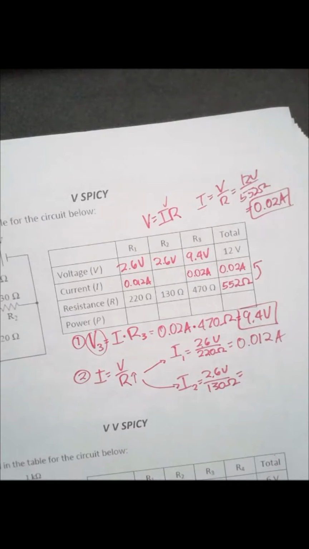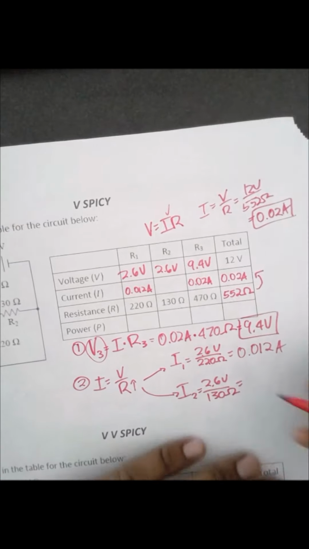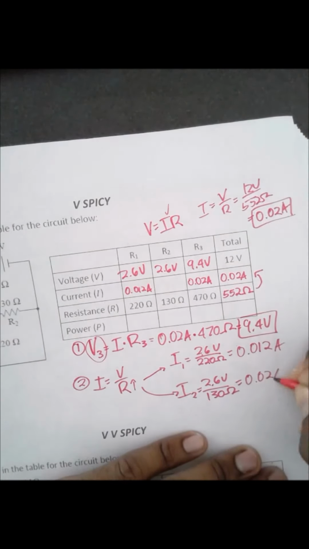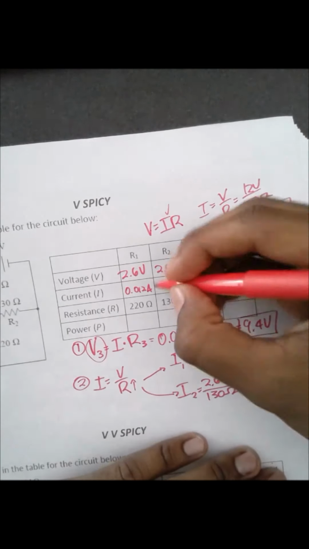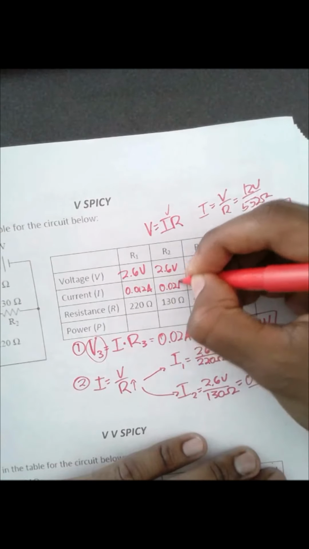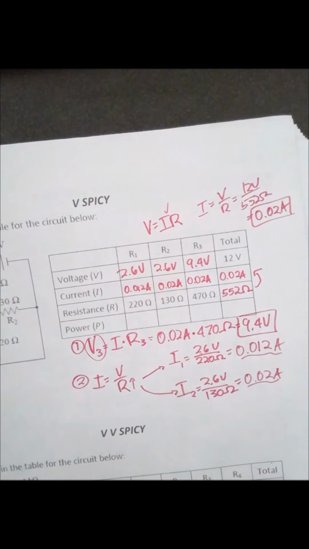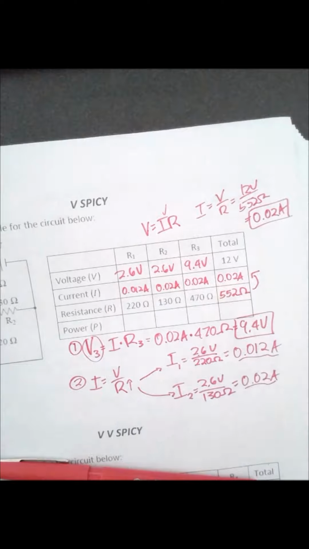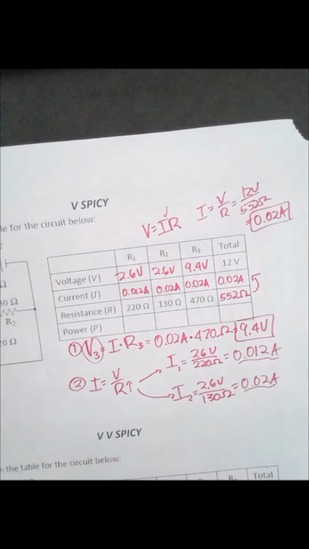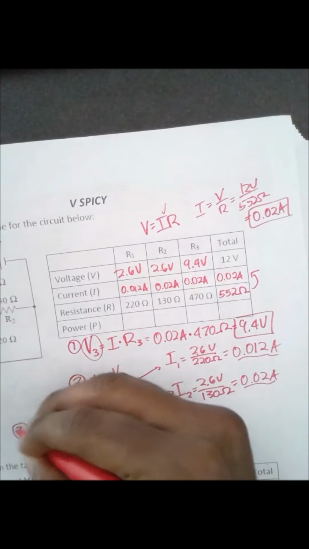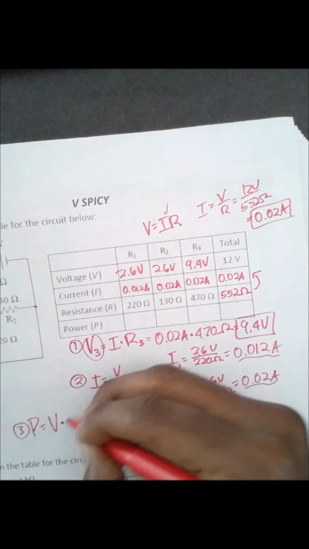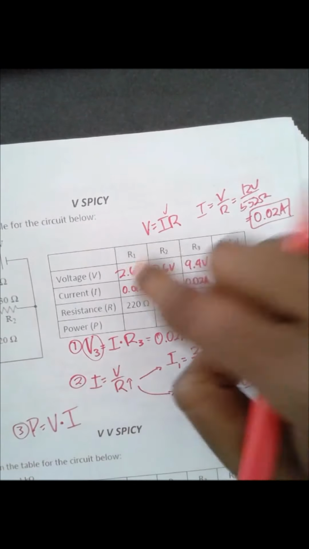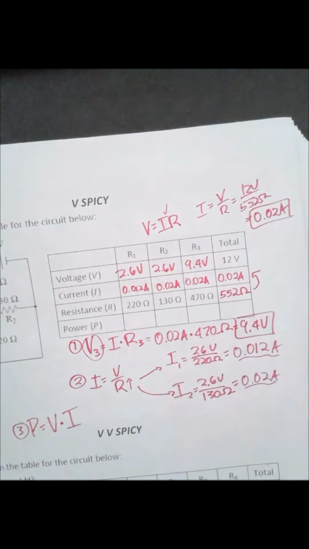On the flip side, 2.6 divided by 130 gives you 0.02 amps. Sick. Now we have all of the currents and all of the voltages, so power is light work at this point, because P is equal to V times I.